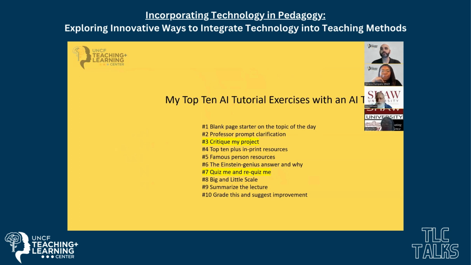Blank page starter. AI is great for brainstorming. Where do I start? What do I say? Professor prompt clarification. AI is tremendous for taking something from my abstract level, I didn't ask you that, but my abstract level all the way to third grade.